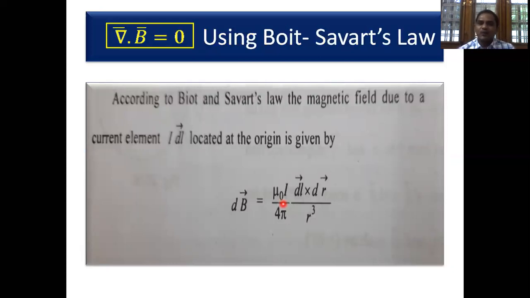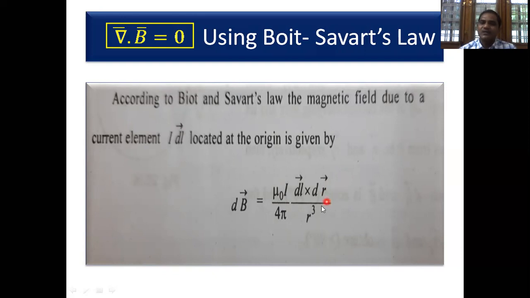You can prove that del bar dot b bar equals 0 using Biot-Savart's law. How? According to Biot-Savart's law, when current is flowing through an infinite length conductor, the magnetic induction field strength due to the small current element dl bar at distance r from it is given by db bar equal to mu naught I by 4 pi dl bar cross r bar by r cubed, where r bar is the position vector of the point where we are talking about the magnetic field strength.